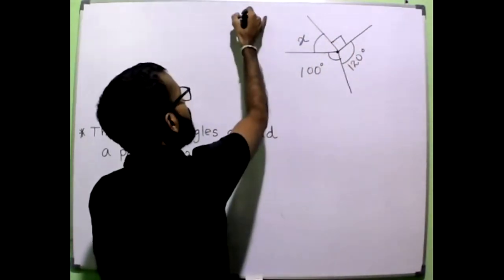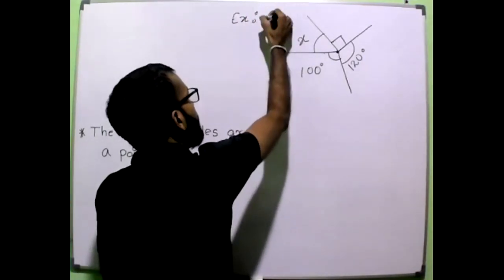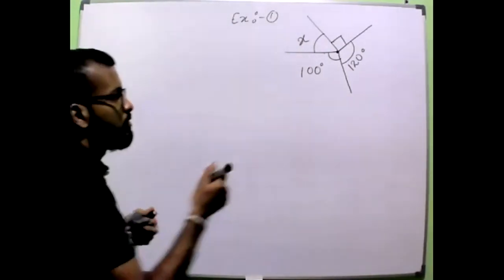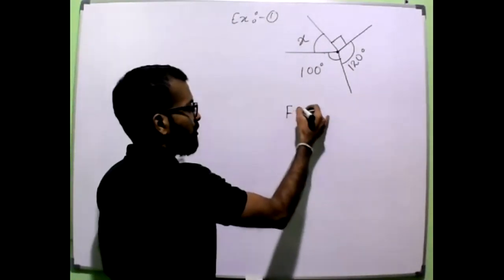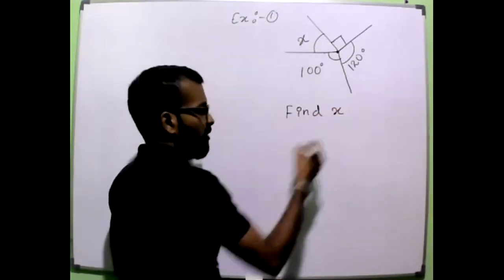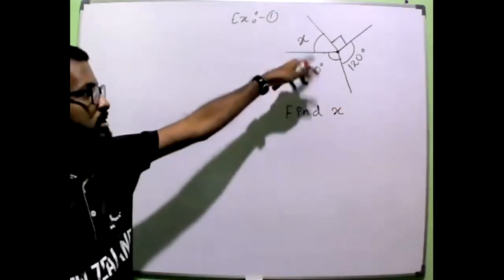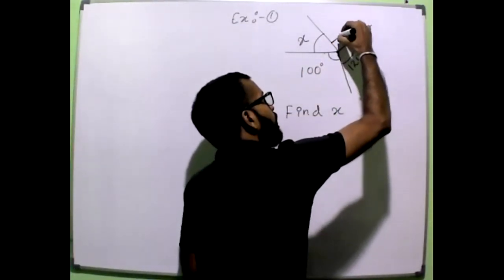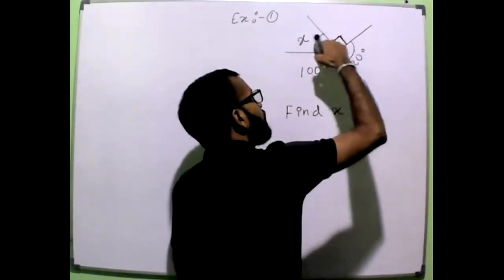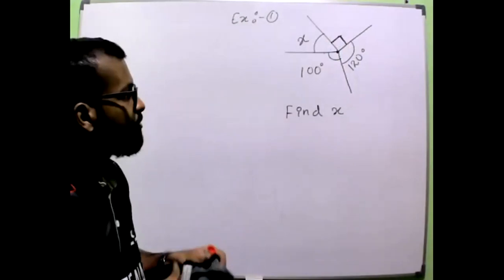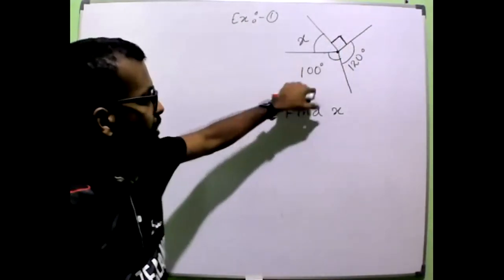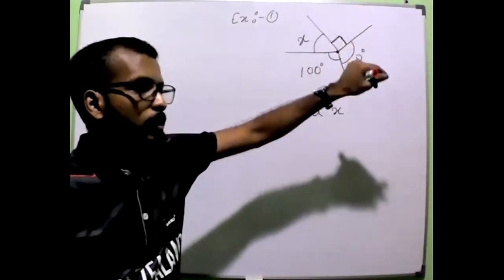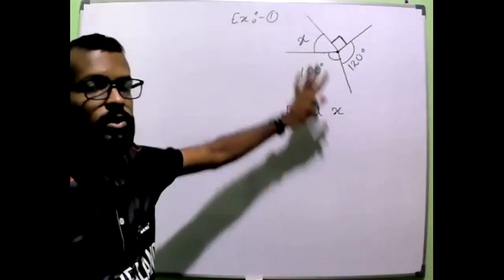This is example number 1. So we have to find x. Please draw this. This is a right angle. This is x. You have to find x. So these are the data: 110 degrees, 120 degrees. Now, please draw this. I will discuss how to do this one.